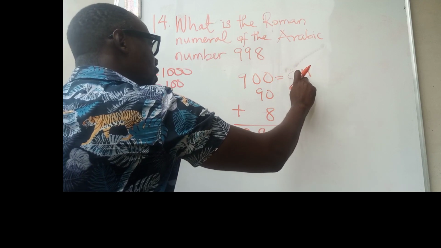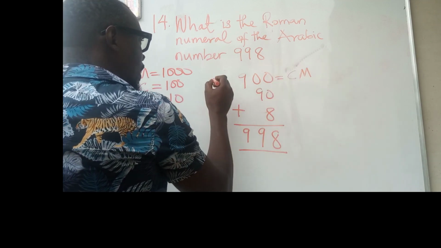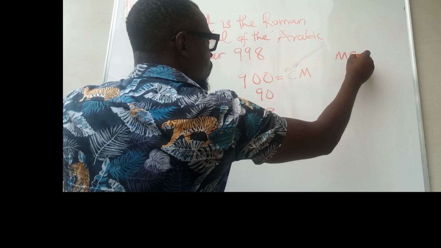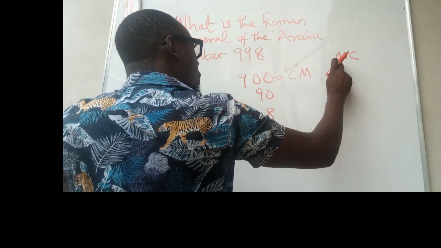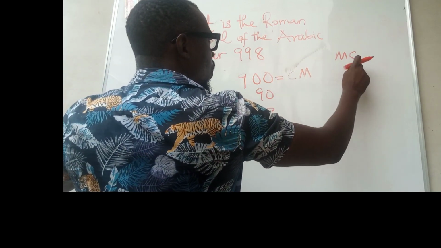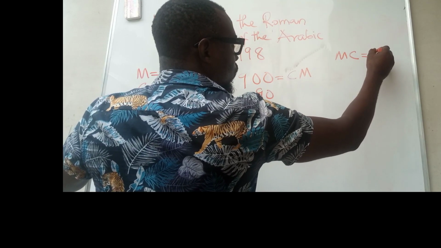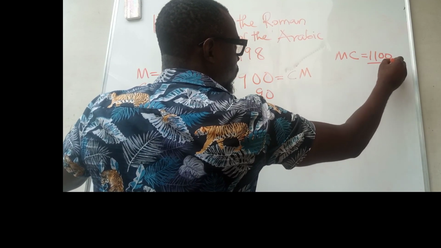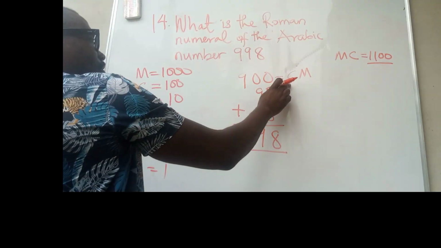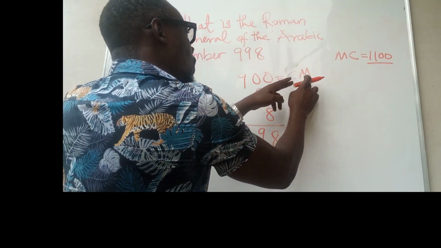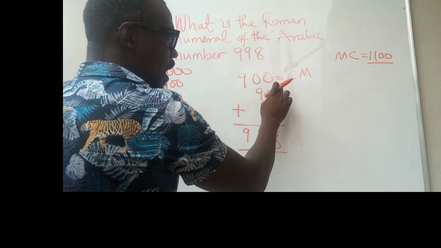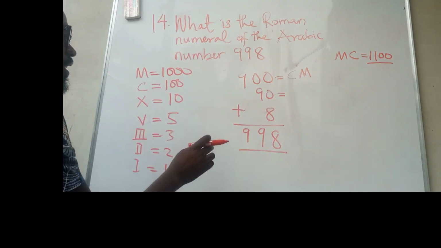If it is addition, like this, MC, that means 1000 plus 100, which is going to be 1100. But when it is written at the left hand side, it's 1000 minus 100, which is 900.